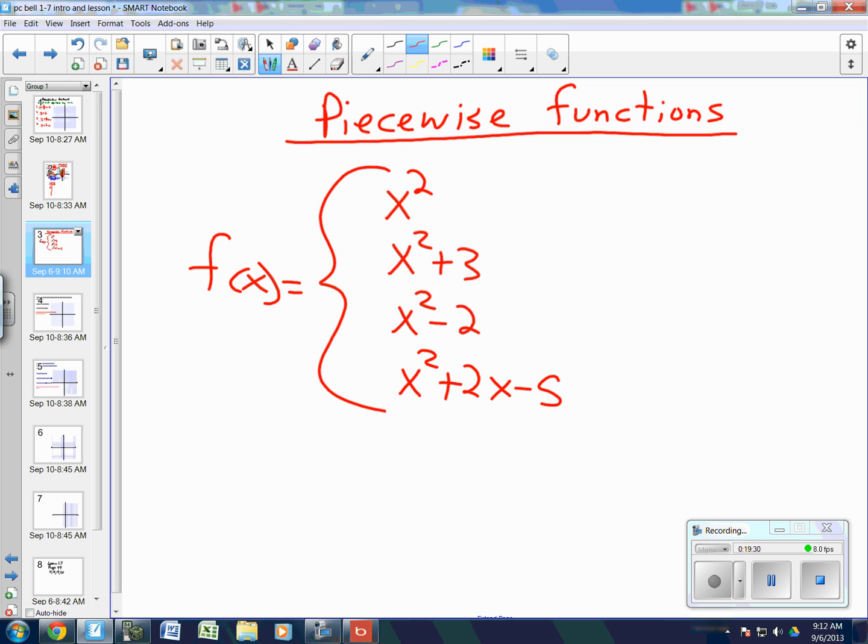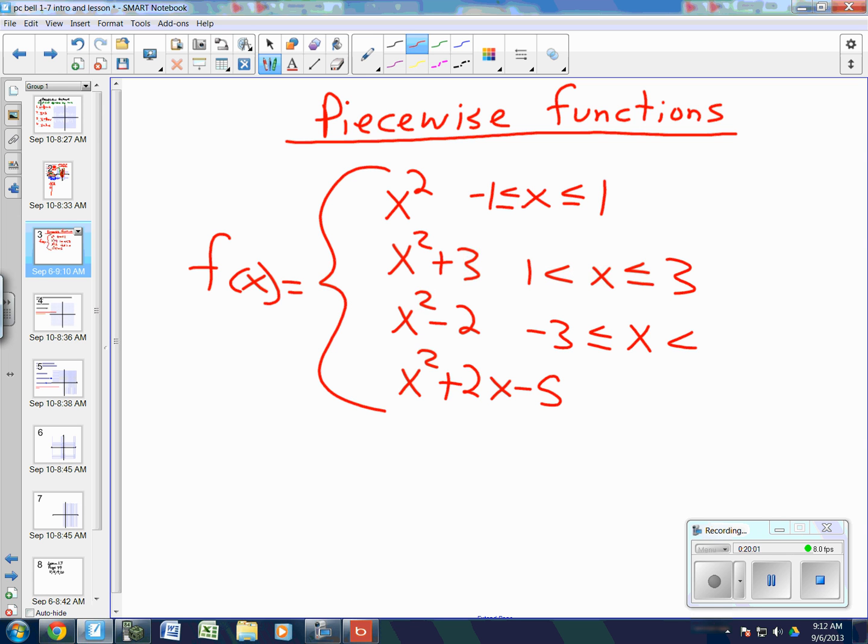okay, and they list them all like that, and then they show their restrictions. This one was between -1 and 1, is that right? This one was between what? 1 and 3, and it included -3, but not 1, right? This one, oh, not negative, yeah, that's right, 3. This one right here was between -3, it included -3, right?